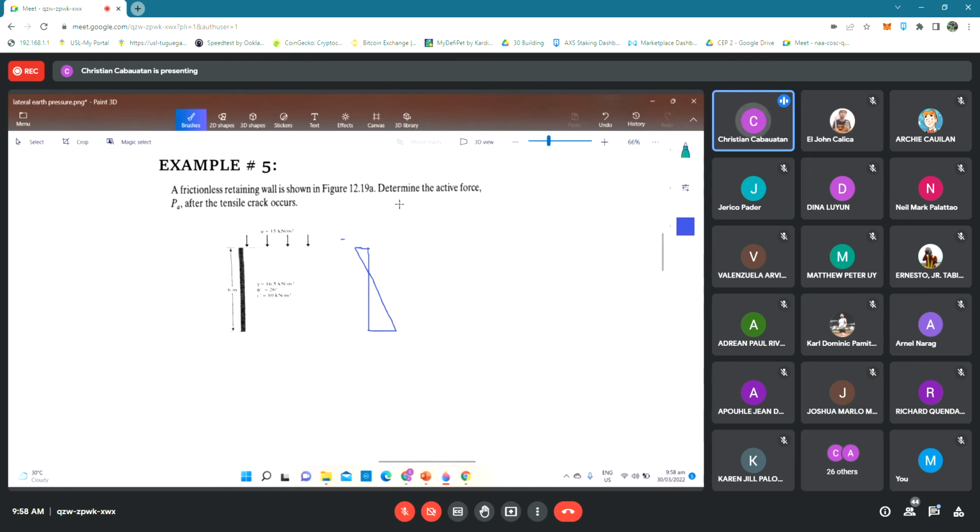It is negative of your 2C, 2 times your cohesion, square root of your Ka. Okay. So that is for Ka. Okay? So yun. So let's move to the solving part. Okay?